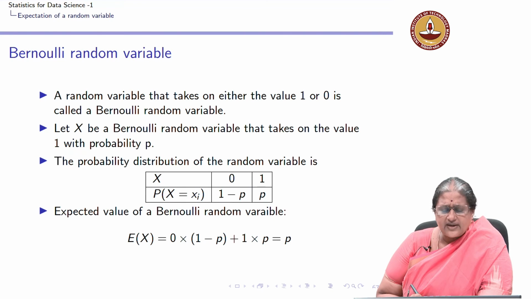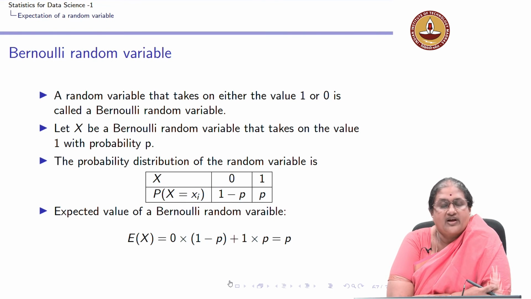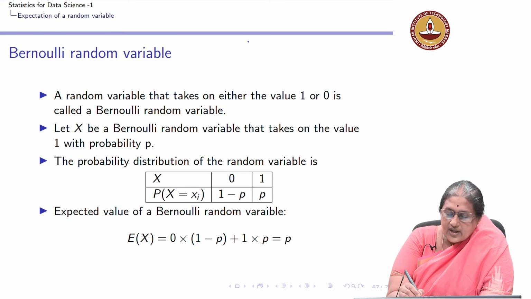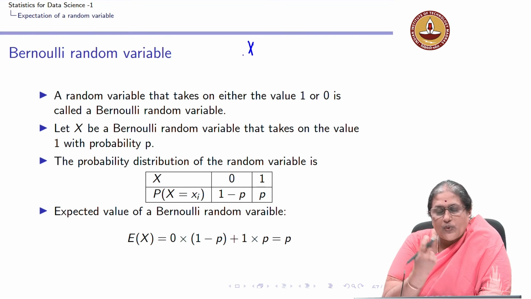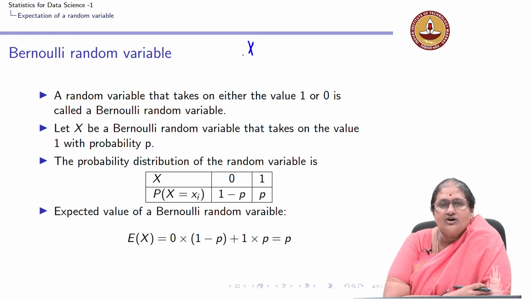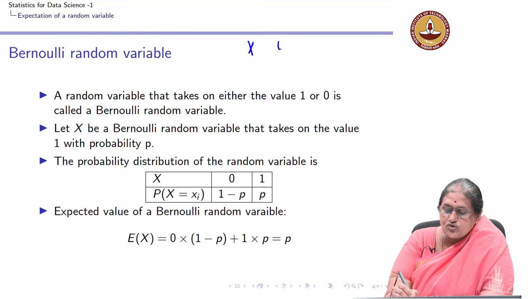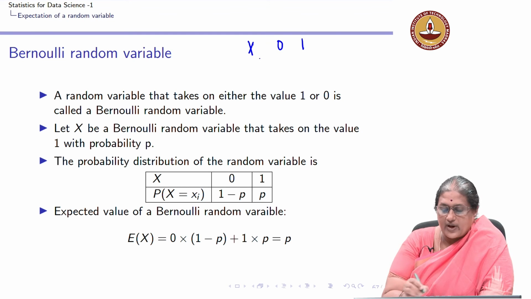Now, let us look at a special random variable which I refer to as a Bernoulli random variable. A Bernoulli random variable is a random variable which takes two values. For ease of exposition, I just assume that it takes the value 0 or 1.